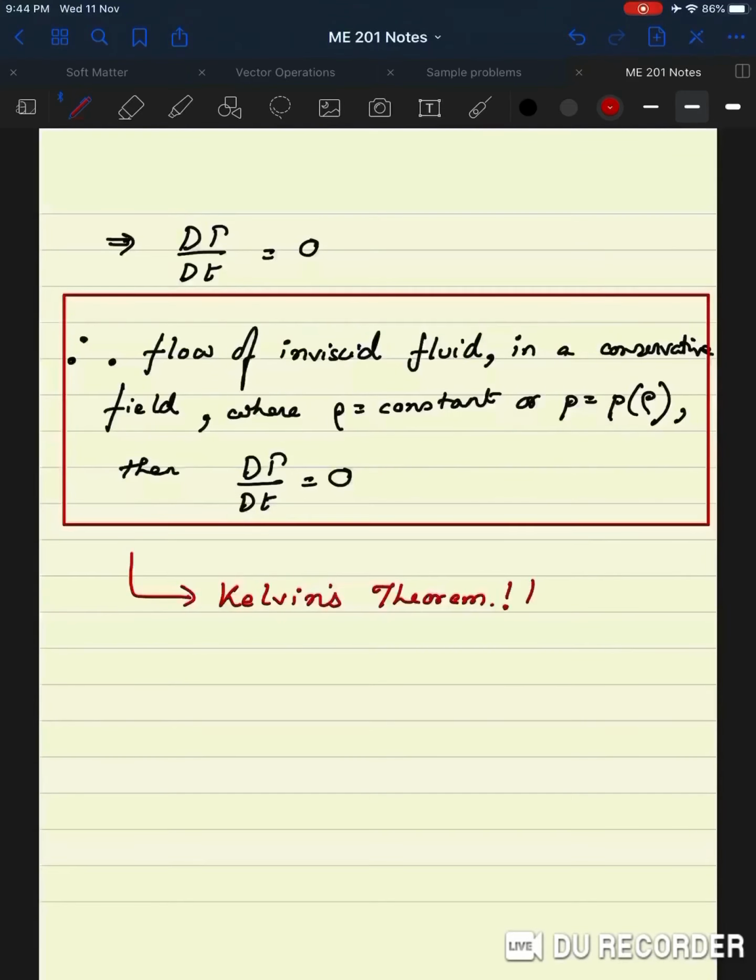Okay, and this is a very, very important theorem with regards to vorticity dynamics. Now in the book you have a discussion on vortex sheet, I believe.